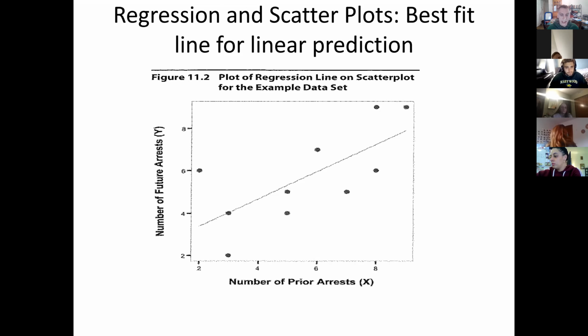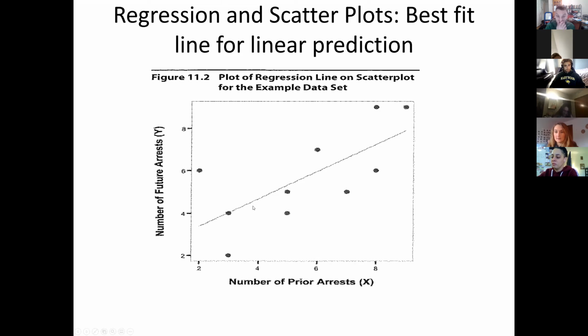In correlations, you're looking at a scatter plot as a graphical depiction of a relationship between two variables. If we were to draw a pretend line that minimizes the distance between all the dots, a best fit line, that is called the line of best fit, or the regression line.